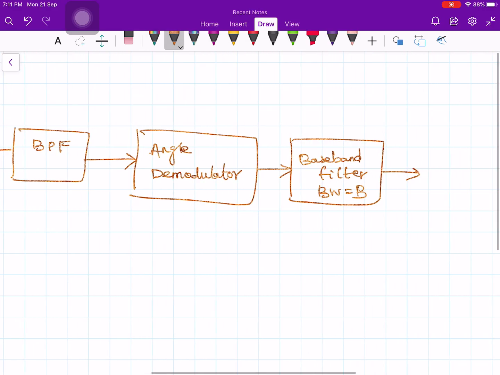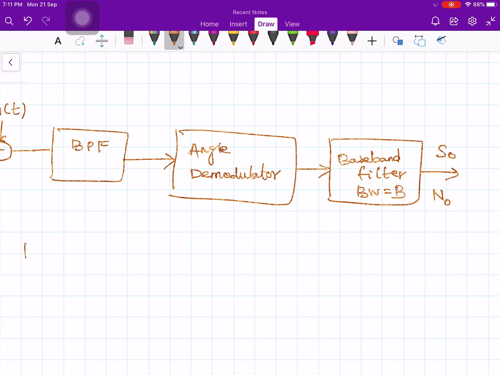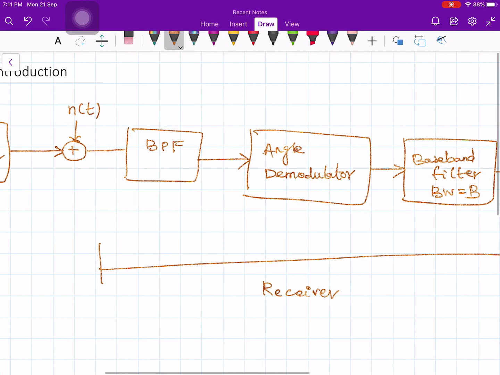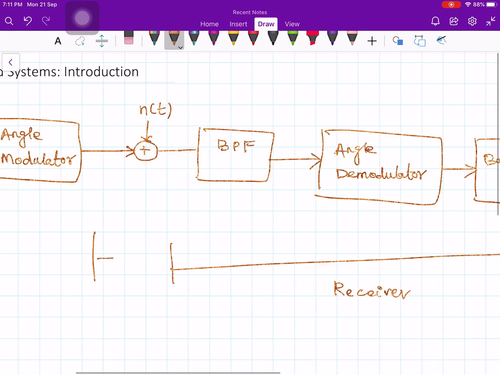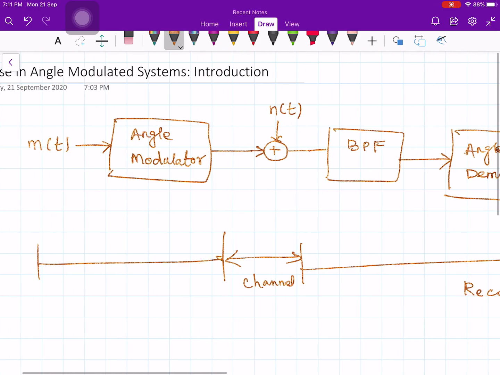From the band pass filter to the baseband filter, this is called the receiver, in between is called the channel, and this one is the transmitter.